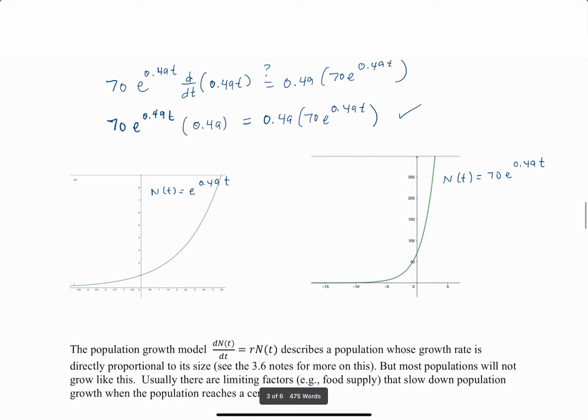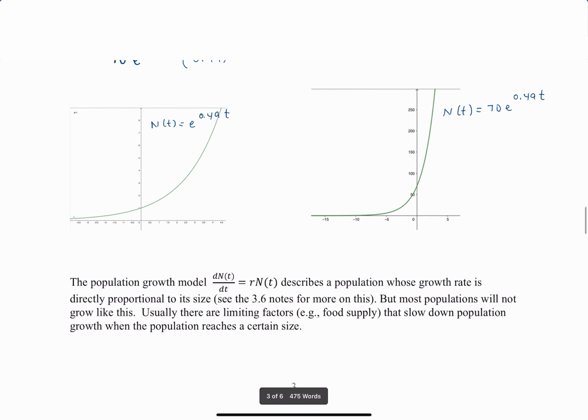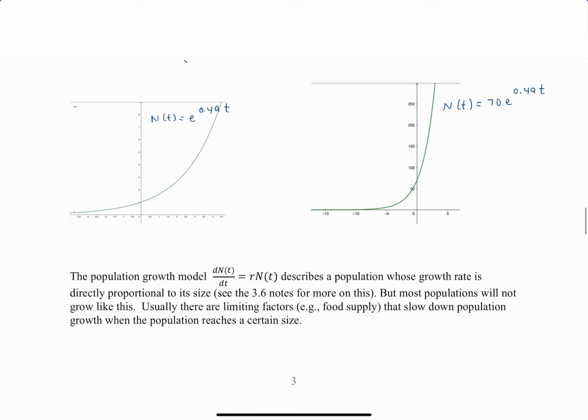This is not realistic for most situations because usually there's going to be some sort of constraint on the growth of the population. In 3.6, we talked about this model, derivative being equal to a number times the function. In other words, a differential equation that describes a population whose growth rate is directly proportional to the size of the population.